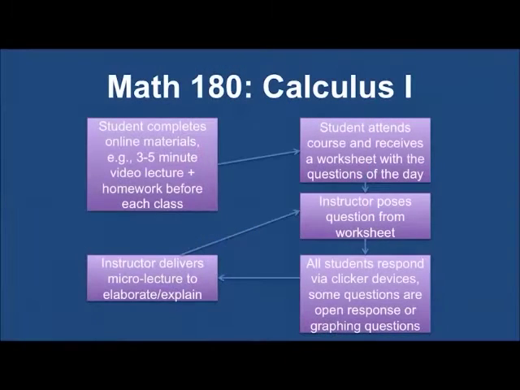The larger classes have 2 peer mentors, and we have the same structure: we print out the questions beforehand and put them on a worksheet, and we use something very similar to an iClicker, which is called Learning Catalytics. The nice thing about Learning Catalytics is you can ask all kinds of different questions, including open-ended questions, which is pretty neat. And that really gives you a lot of feedback.